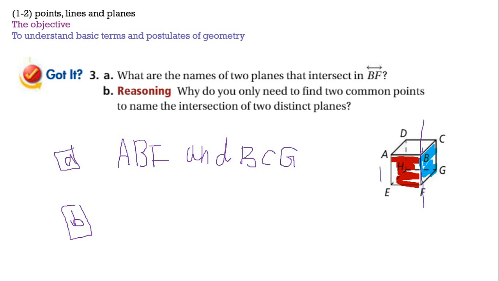The answer says, according to postulate 1.3, which tells you, says that two distinct planes intersect in exactly one line. So you need 2 points to name the line of intersection by postulate. You cannot just write it, you have to justify your answer.